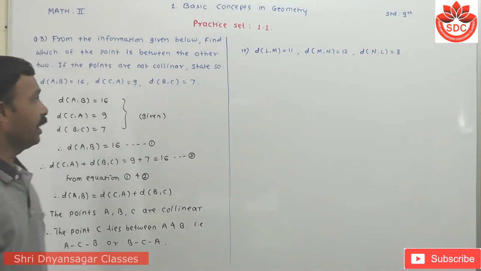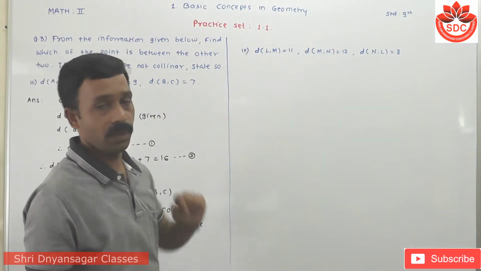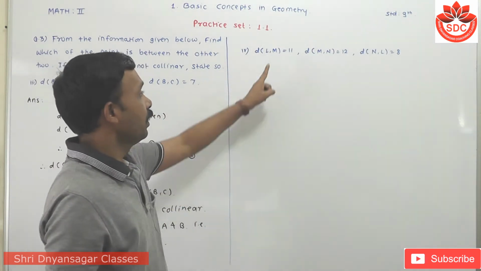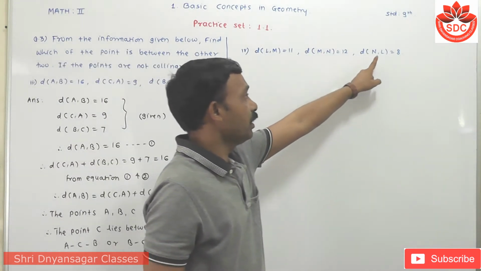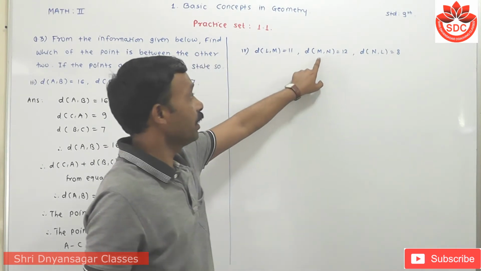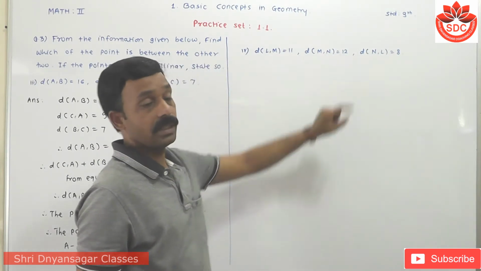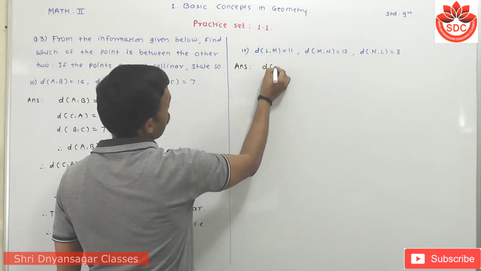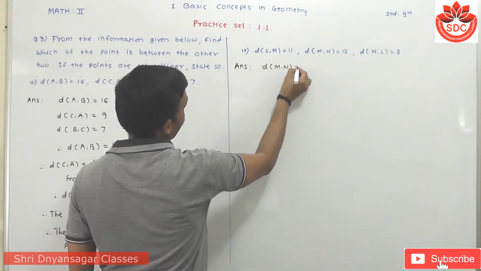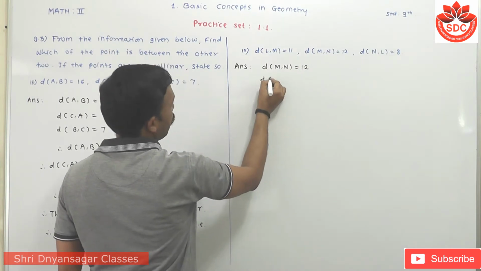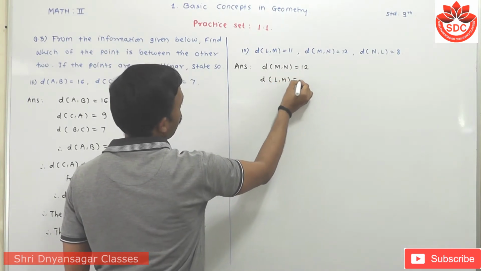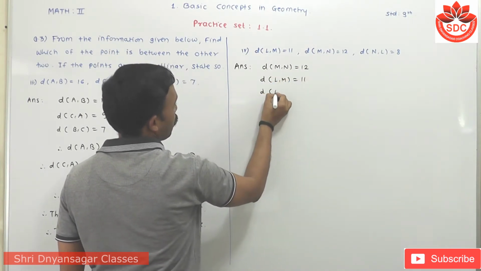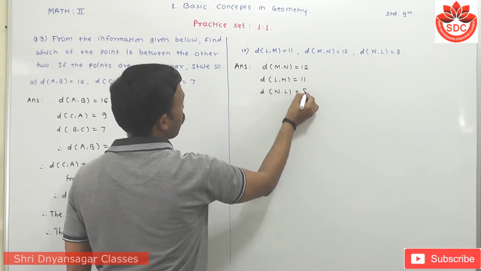Okay, then we take sub-question number 4. Observe here, LM is 11, MN is 12, NL is 8, so segment MN is the bigger one, 12. So the answer of this one: the distance of MN, first I write 12, the distance of LM equals 11, the distance of NL equals 8.